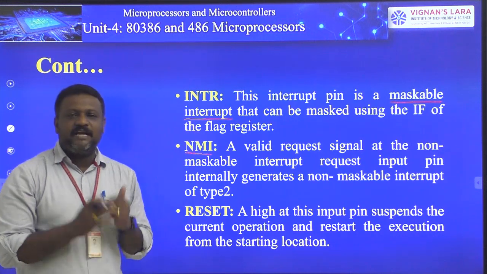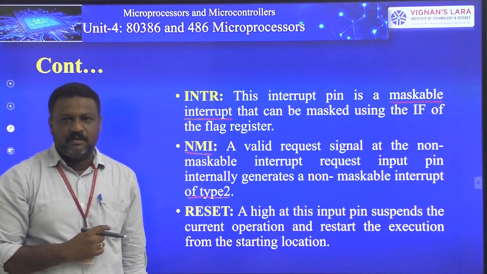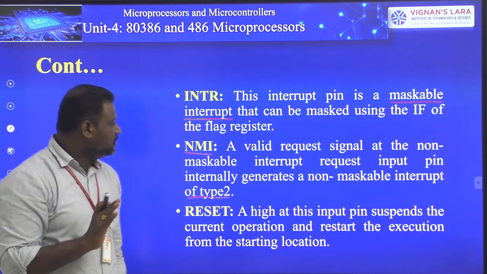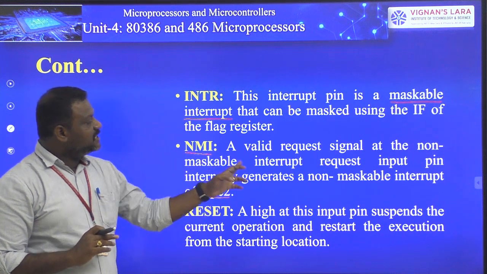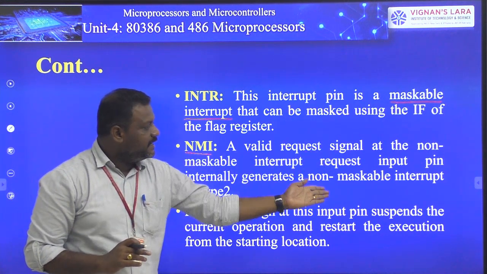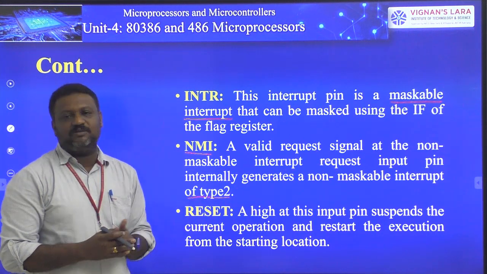Generally, we consider this NMI interrupt as a type 2 interrupt. So NMI, a valid request signal at the non-maskable interrupt request input pin, internally generates a non-maskable interrupt of type 2. That's the meaning of this.